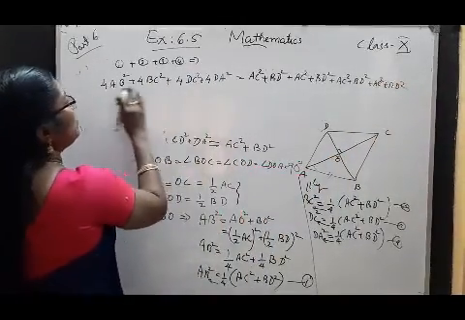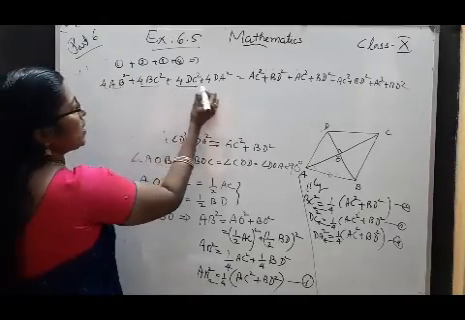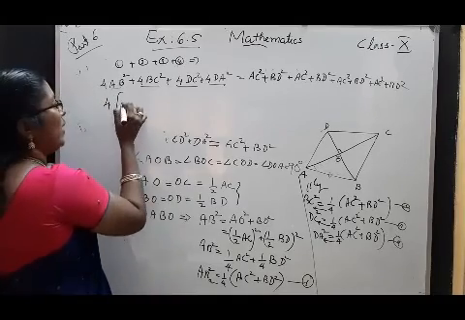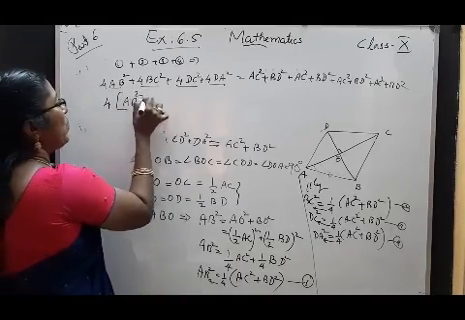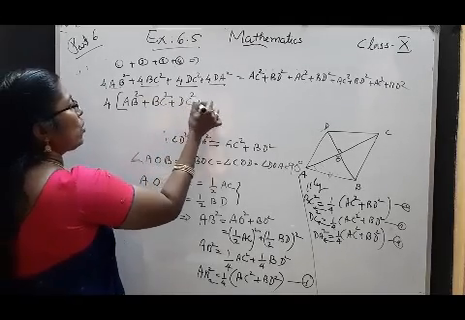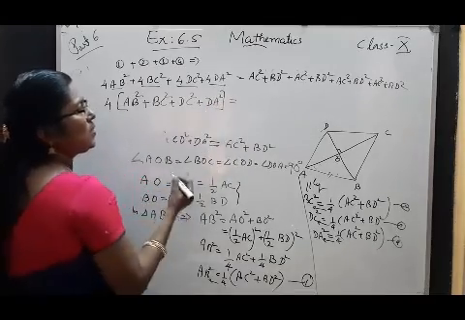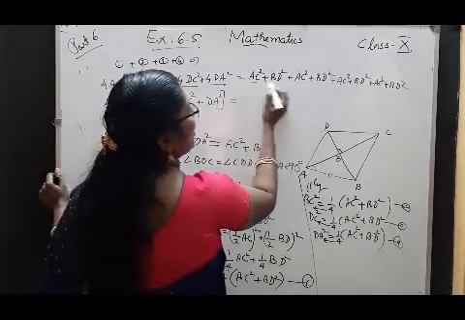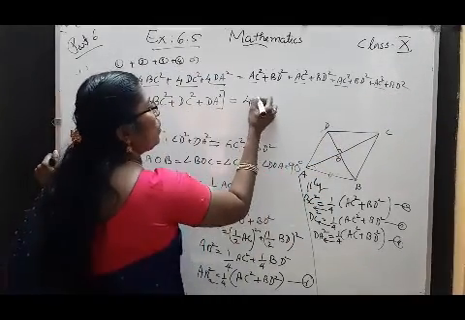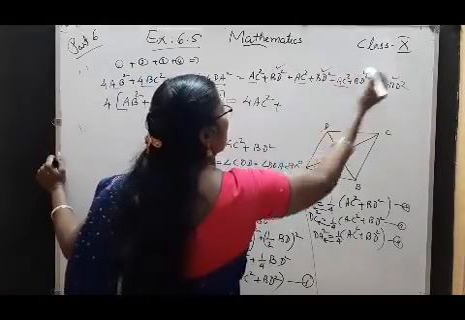From the left side, take the 4 common outside: 4 times AB square plus BC square plus DC square plus DA square. On the right side, it is AC square four times and BD square four times, that is 4 times AC square plus BD square.